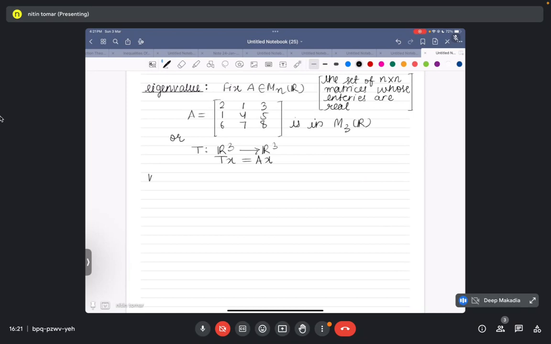Now we say lambda is an eigenvalue. When do we say lambda is an eigenvalue of A? No, think carefully. I am waiting for 2 minutes, but you think carefully. What is x, you did not mention? Just take your minute and tell me.